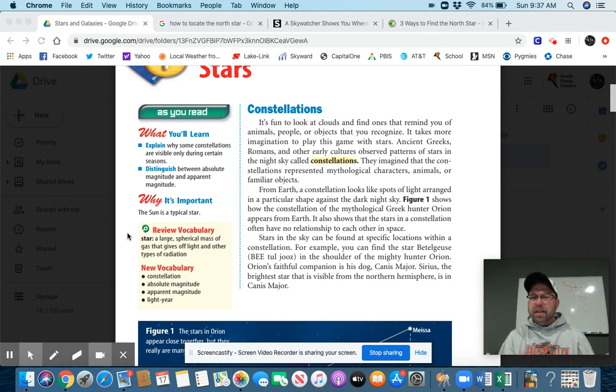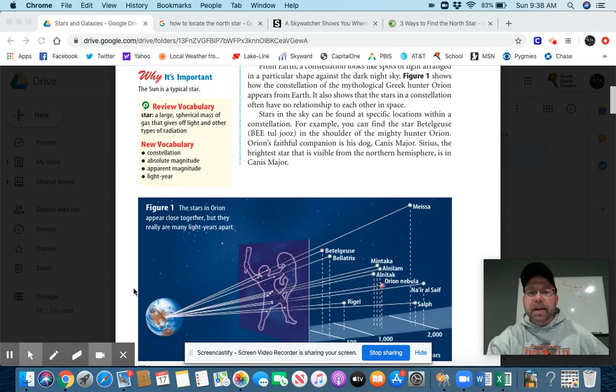But basically, it's a collection of stars that the ancient Greeks and Romans and other early cultures looked up and saw and said, hey, that looks like a horse, so let's call that Pegasus, or that looks like whatever. All right, those are constellations, just stars that make up patterns in the sky.